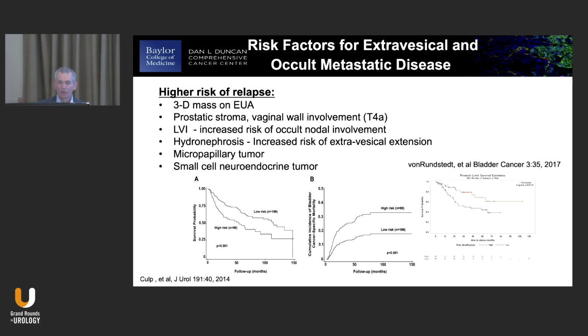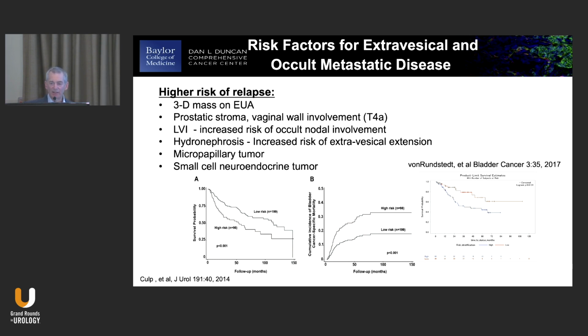Great. Okay, so we're on muscle invasive bladder cancer risk factors for locally advanced or occult metastatic disease. Everything except the von Rundstedt slide on the right is from a wonderful MD Anderson study in collaboration with USC.